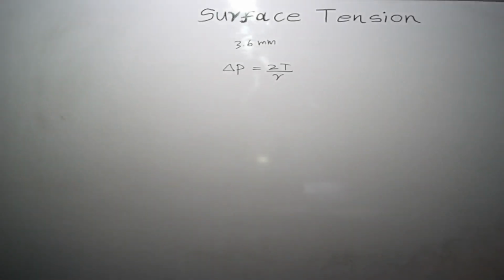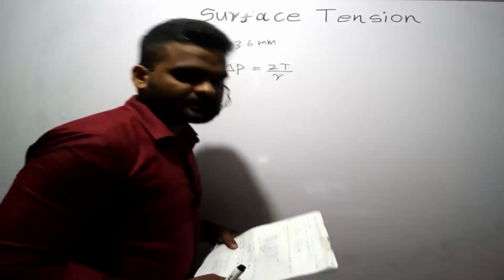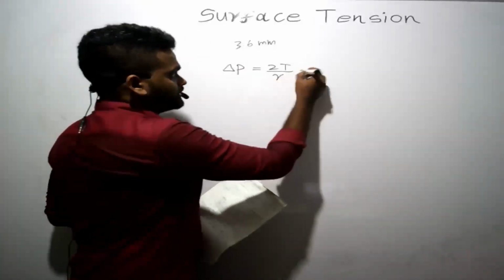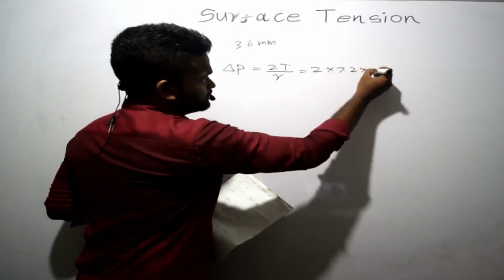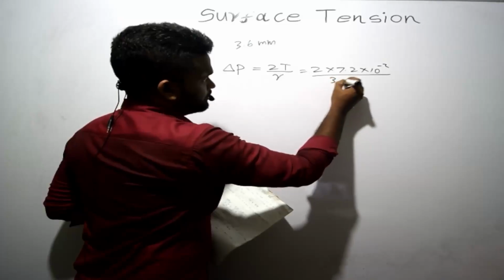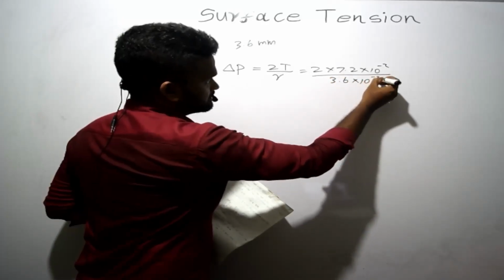Okay. Yeah, 40 Pascal, right? 2 times 7.2 minus 2 divided by 3.6 millimeters.